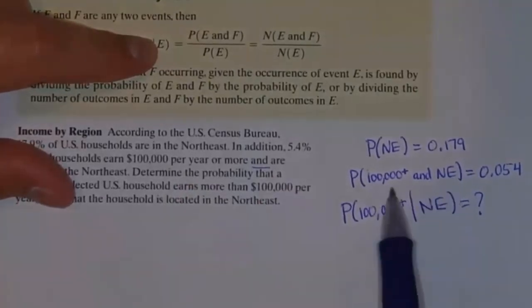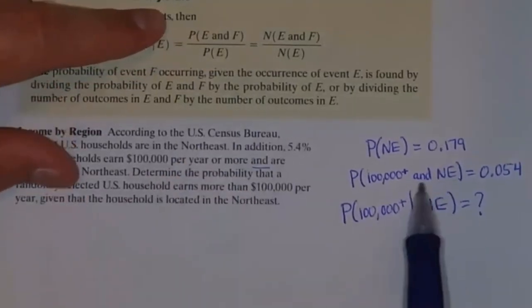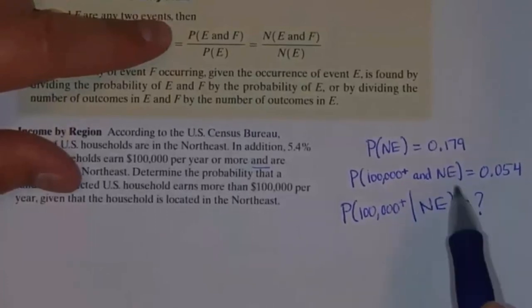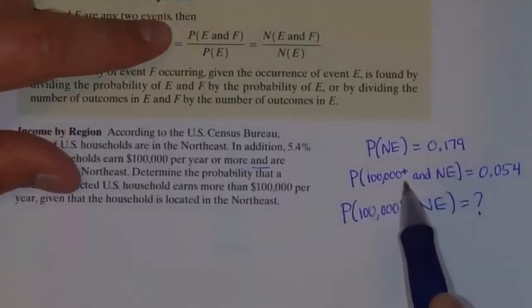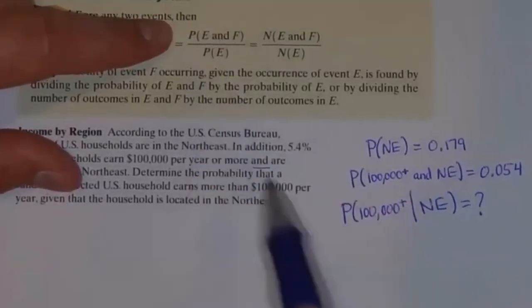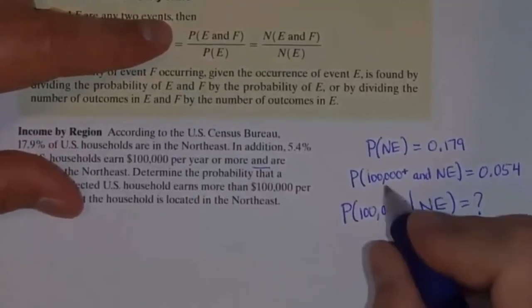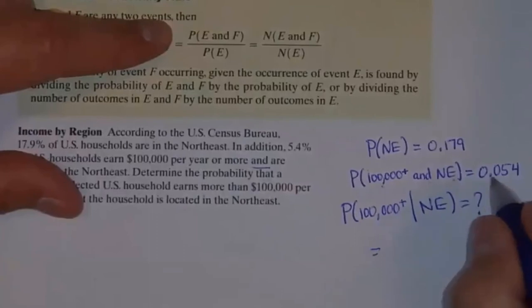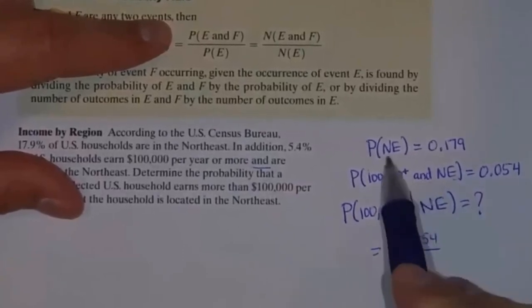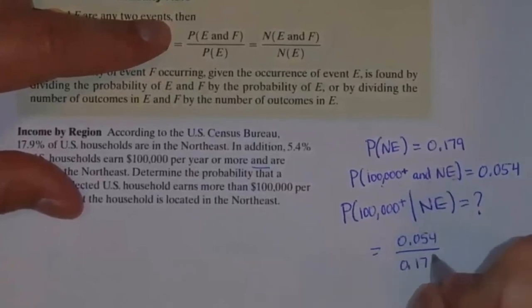Now here I kind of wrote this backwards compared to the way this is written, but I wrote it in the order it was stated. Again, this is F given E, so this is E and F, and this is E. Comparing it to here, I mean. So in other words, this probability is just going to be the probability of 100,000 plus and in the Northeast, which is 0.054, divided by the probability of being in the Northeast, which is 0.179.